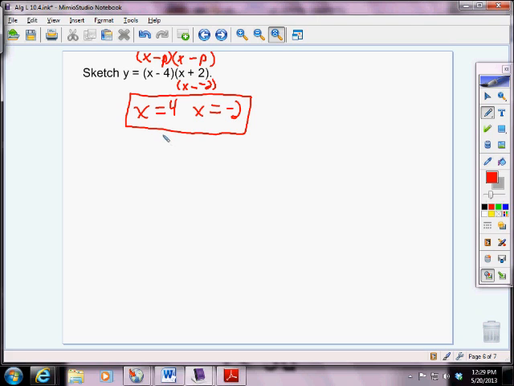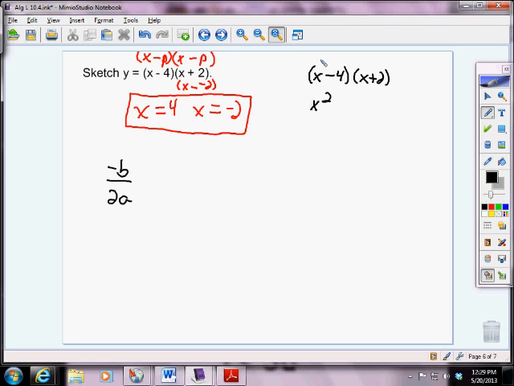But that's not enough to draw a parabola. Remember, we also use this formula, negative b over 2a. Now, to do negative b over 2a, you kind of have to multiply this out. So if I have x minus 4 times x plus 2, just using FOIL real quick.